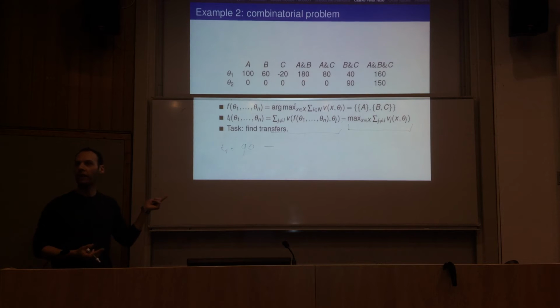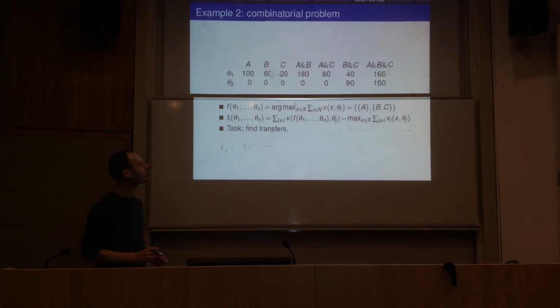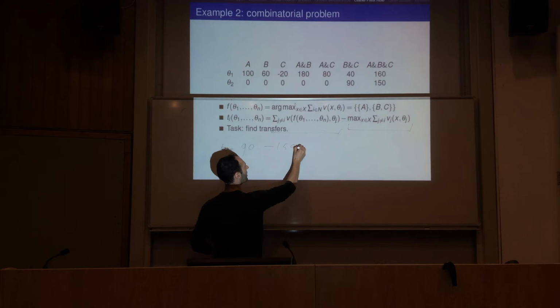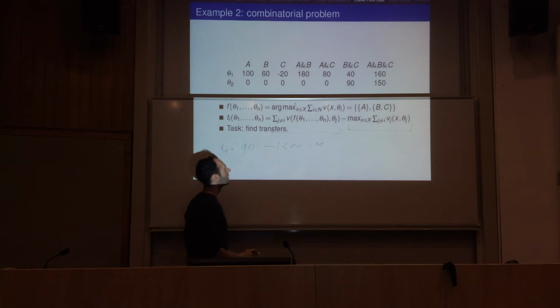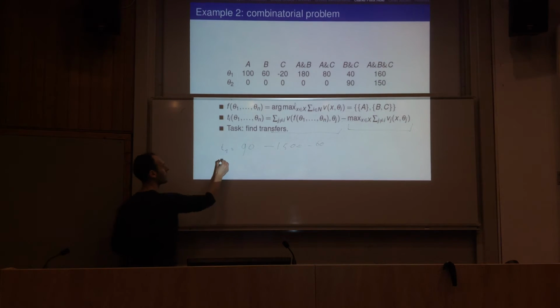In this case, we only have one other agent, so it's easy. We can easily see that 50 is the value that maximizes the market without agent i present. 60. Yeah, and that's then minus 60. So that should be the answer for T1. What about T2?